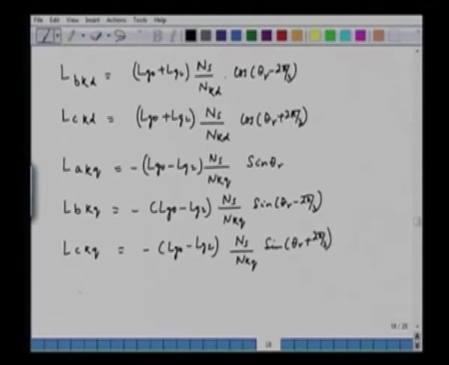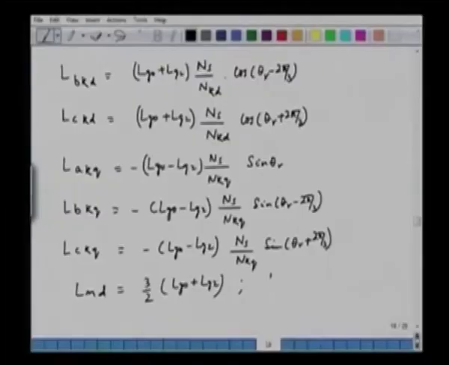And we have already seen that Lmd can be given as 3 by 2 times Lg0 plus Lg2. This is the d axis magnetizing inductance referred from the primary side, and similarly Lmq is 3 by 2 times Lg0 minus Lg2. Now, this Lmd and Lmq can be obtained by suitable transformation.